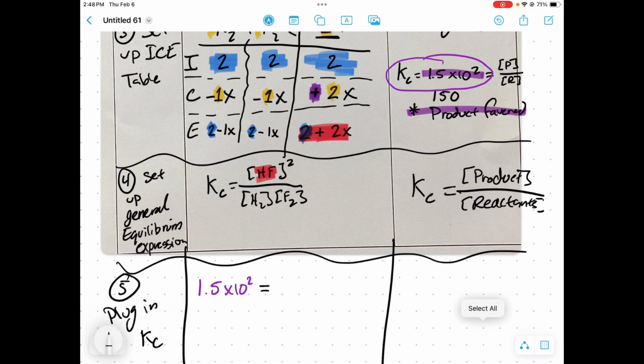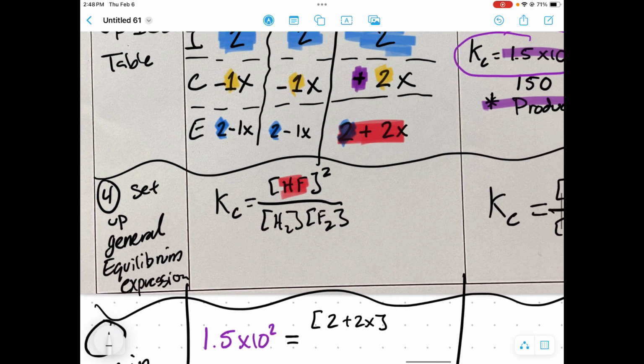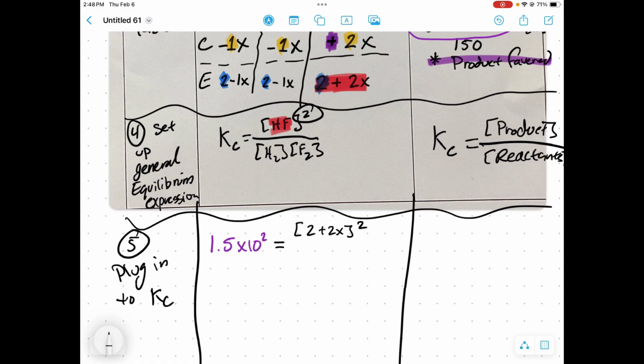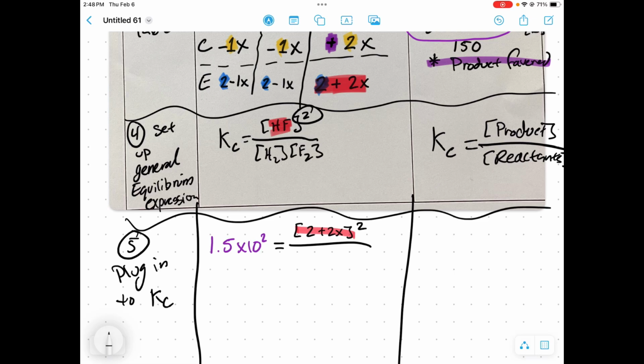I don't know what 2x is yet. I'm just going to plug in what we do know. So I'll plug in 2 plus 2x. And remember my expression, I'm squaring that. So I'm going to square that value as well. Just sticking with the color coding, we're going to make that red. Now, for my reactant side, I see I have two numbers.